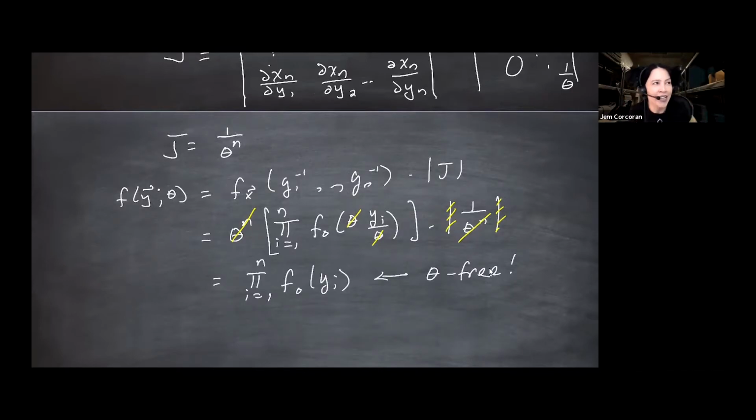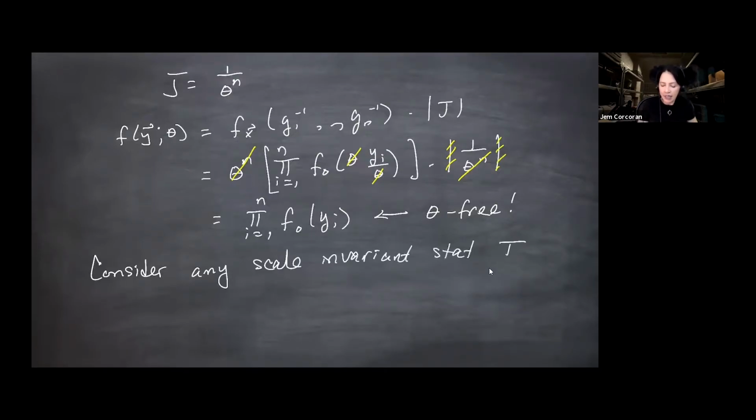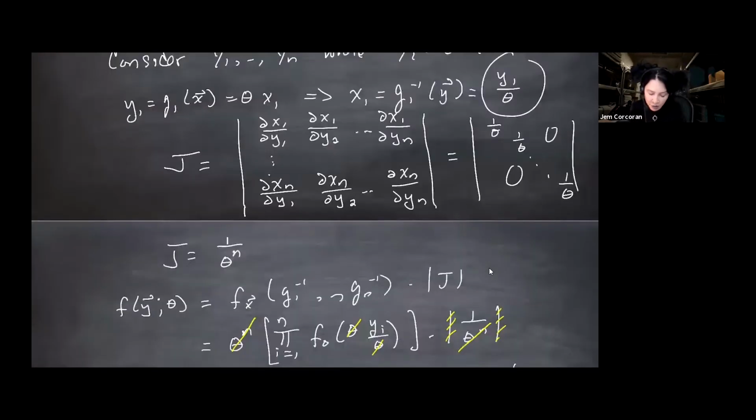I'm trying to convince you that if T is a scale invariant statistic, then T is ancillary. So consider any scale invariant statistic T. T is some little t of x1 through xn, and the x's are equal to the y's over theta.